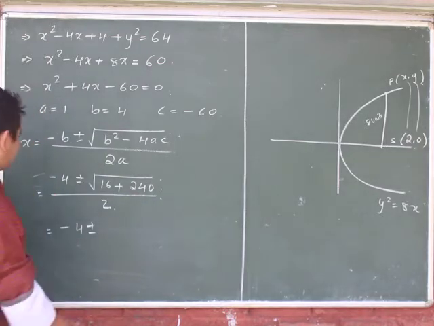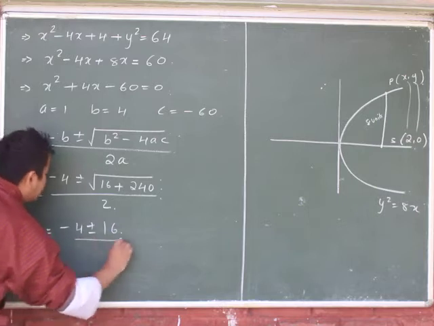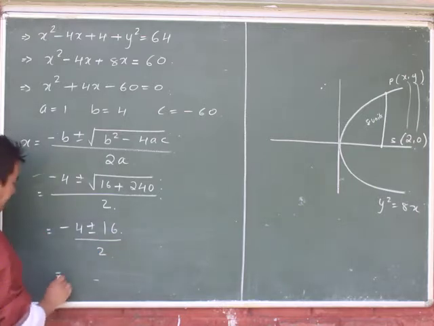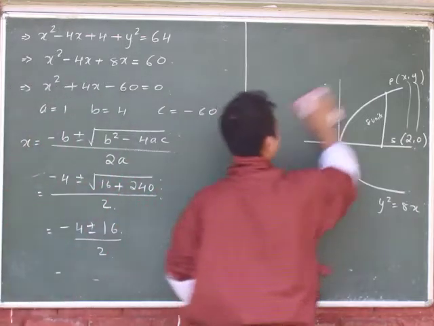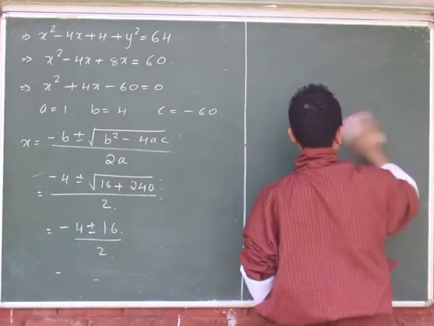Square root of 256 is 16, divided by 2. Now we have two values of x.